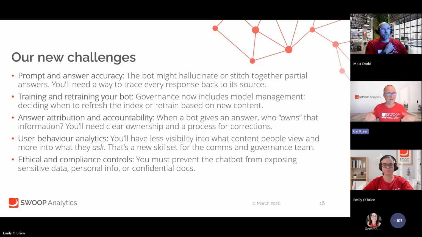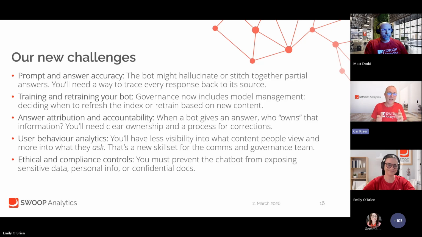Who makes sure that the knowledge base the bot is relying on is up to date? And as I said, this thing about answer attribution and accountability, who owns that? Who will say, I own the answer for that? And we don't have a situation where everyone goes, oh, IT's boss. No, it's internal comms, it's your content. And someone says, I don't know, somewhere in between.